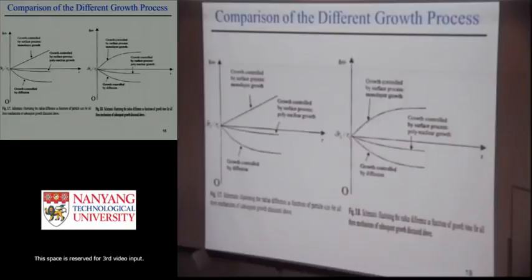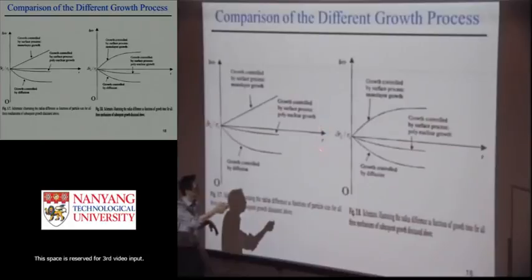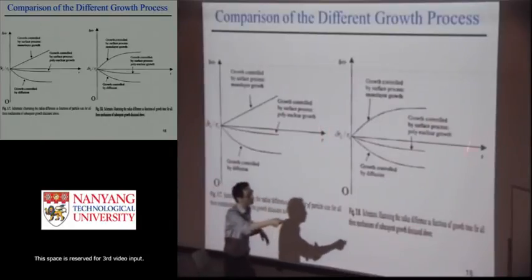One is diffusion control, one is polynuclear growth, one is mononuclear growth. The y-axis is always dispersity, which tells you how uniform the nanoparticle is. The x-axis actually has two kinds of coordinates. One is along the average size of the nanoparticle. The other is along the time.